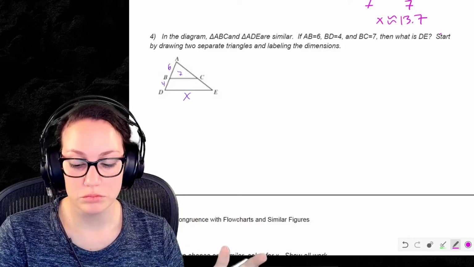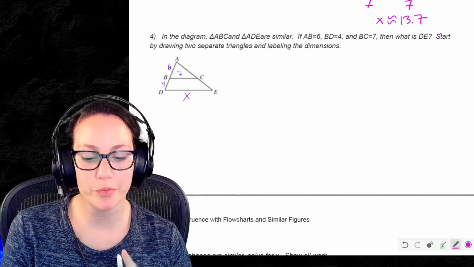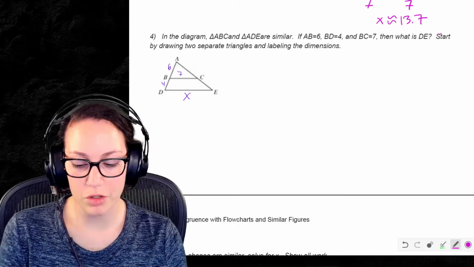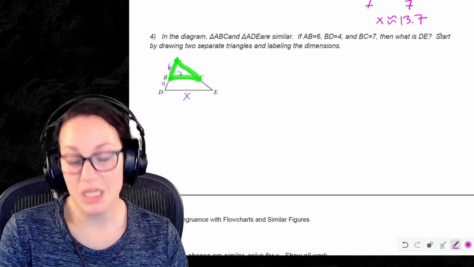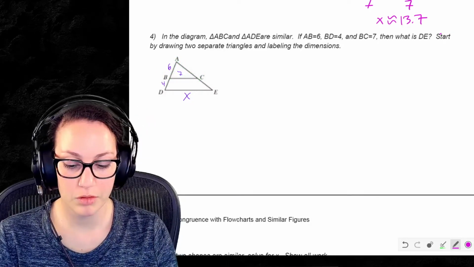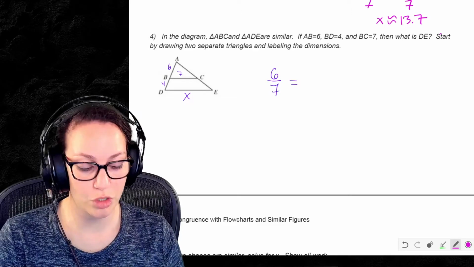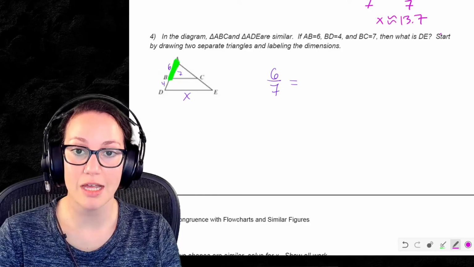So let's think about the proportion we can set up. And for this one, we want to be careful because our small triangle is ABC. So we can set up our proportion from the 6 and the 7 right there. So we can say that 6 over 7 is equal to, now, 6 was this side.